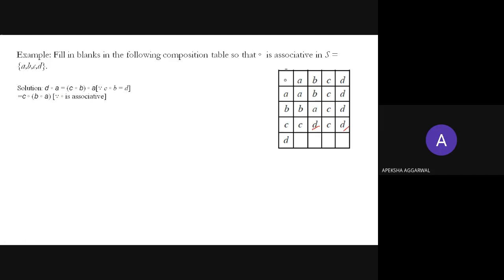Now this is associative, so (COB)OA is equal to CO(BOA), and BOA is given to you as B, this one, right? And COB is also given to you, this one, D. The final answer is D. You have calculated DOA. Similarly, you will calculate DOB. Solve and tell me the answer. Find out DOB.